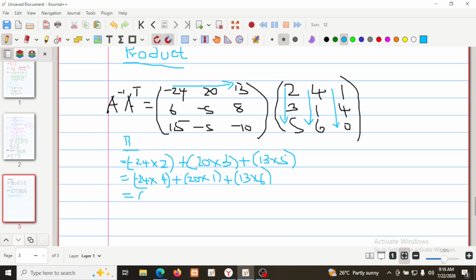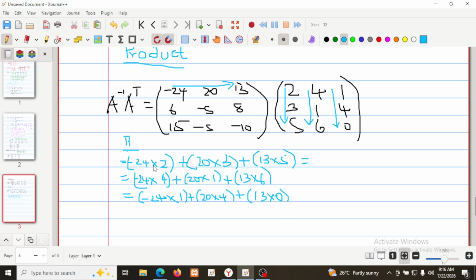Then we have negative 24 times the last column times 1 plus 20 times 4 added to 13 times 0. So what is our answer?